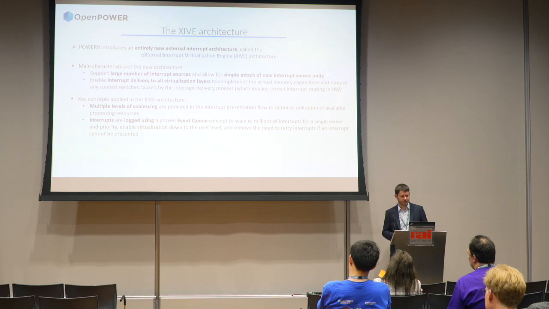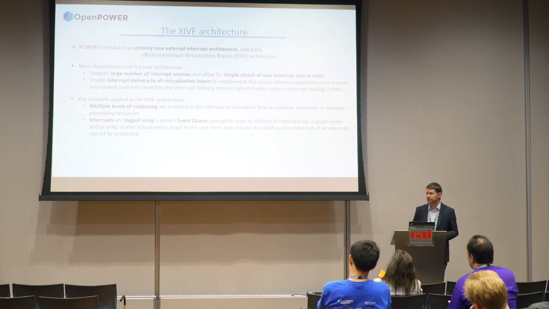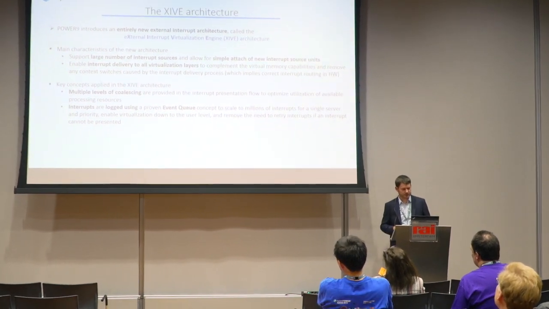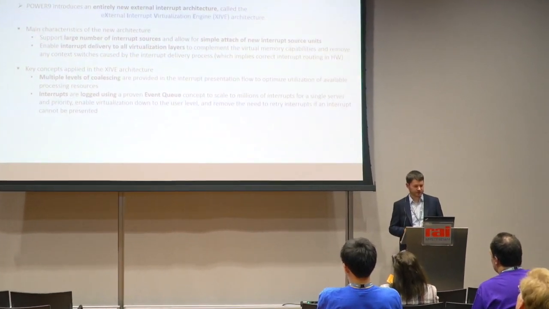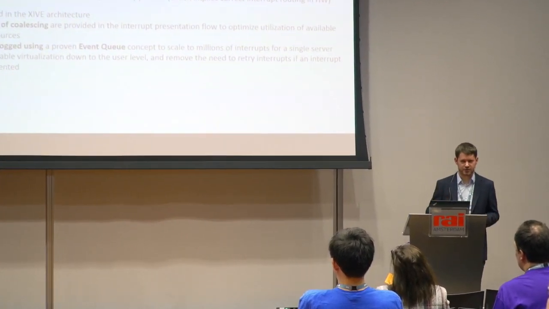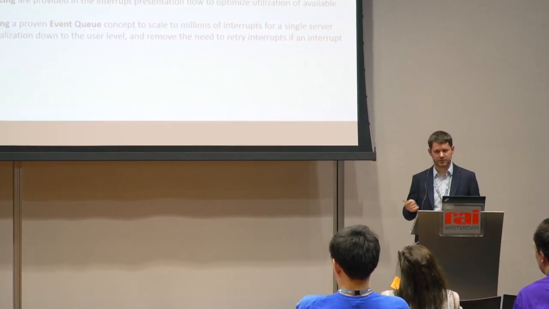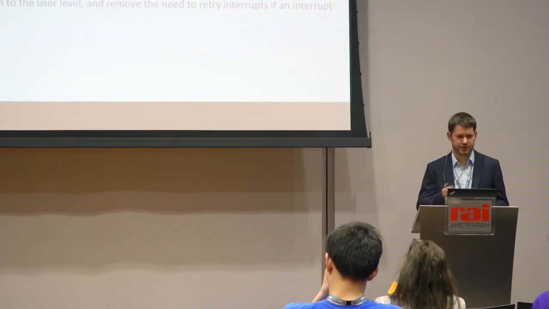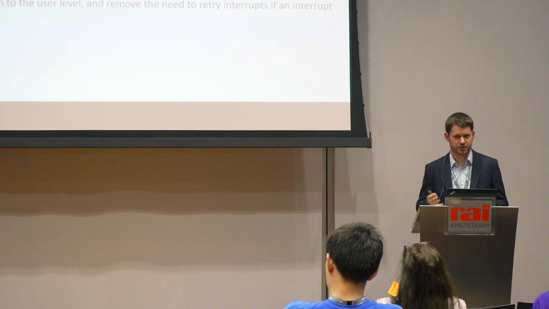We log the interrupts on event queues, which is a very proven concept in basically all I/O virtualization. This allows us to have a really large number of interrupt sources that target a single server. With this architecture, a single server can handle more interrupts than an entire P8 system.